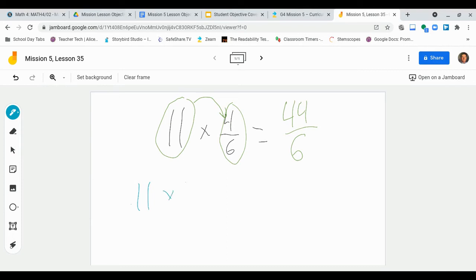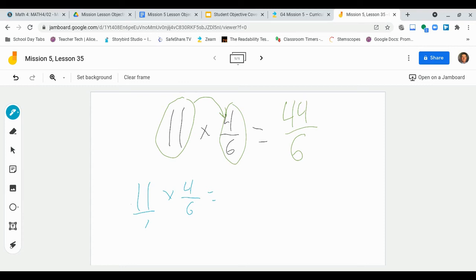So again, we have 11 times 4/6. What is 11 wholes if we rewrote it as a fraction? Let's say we just put it over 1. Any whole number, if we put it over 1 like this, is the same thing. 11 wholes is actually the same as 11 ones.